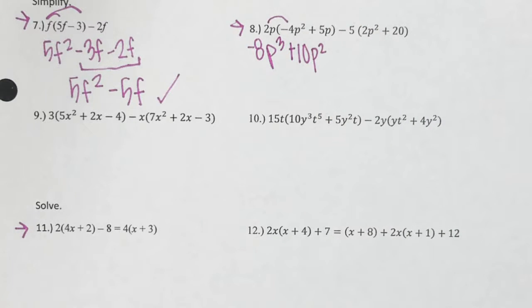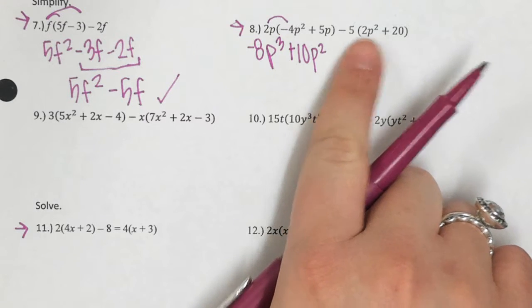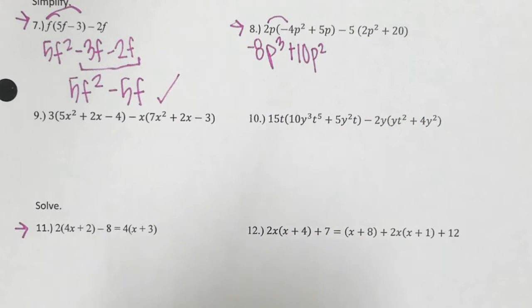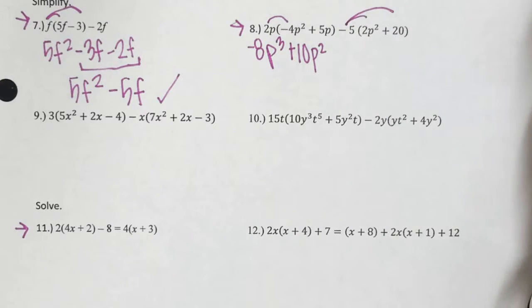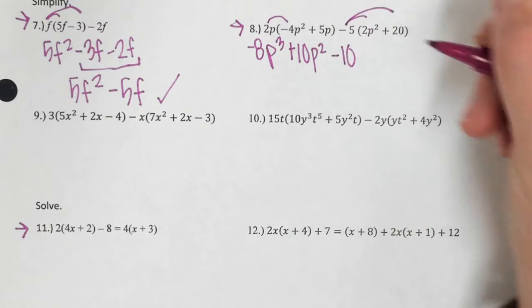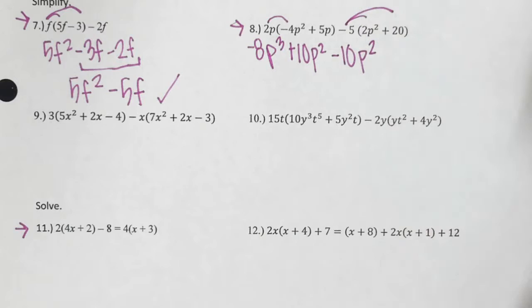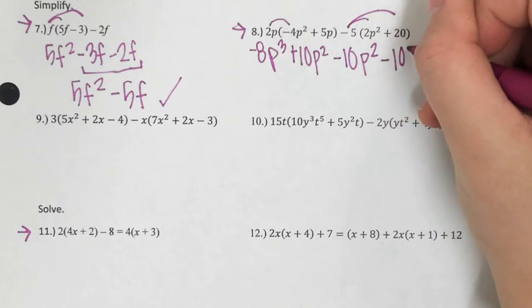Okay, so I just distributed the first one. Now, this 5 that I'm about to distribute to this next parentheses is not just 5, it's negative 5. So multiply everything in this parentheses by negative 5. Negative 5 times 2, negative 10, p squared. Negative 5 times 20, negative 100.